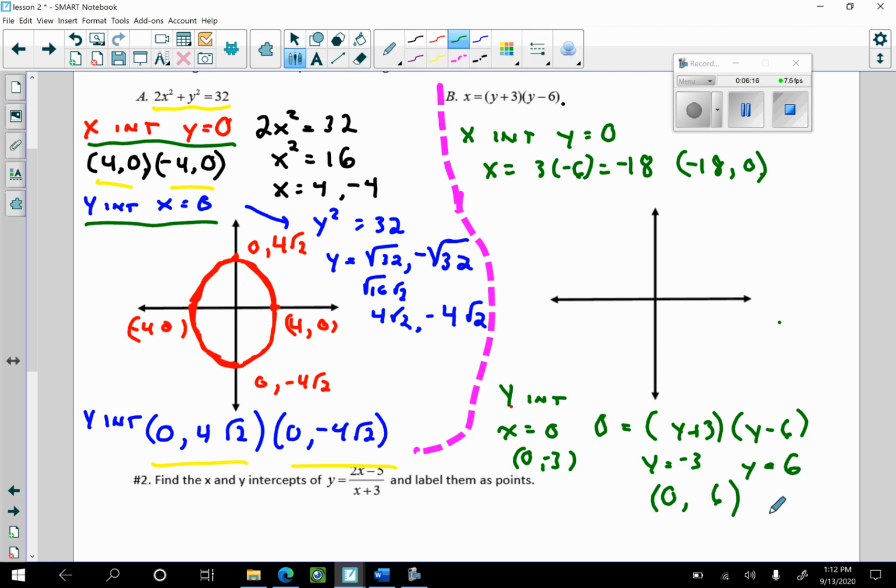And so we're going to plot those points there. I have negative 18, 0. It's certainly not going to be to scale. This is going to be negative 18, 0. And I'm going to plot this 0, negative 3, which is here. And 0, 6, which is up here. And this is a parabola that is opening to the right.